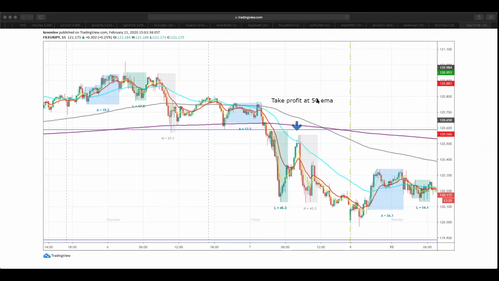Session. Yes. So basically all you have here during the beginning of the US session is essentially a continuation trade. You see what I mean? You're not at the bottom, you're not at the top of the range.